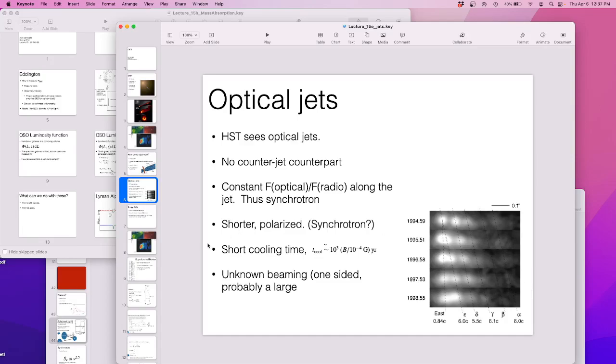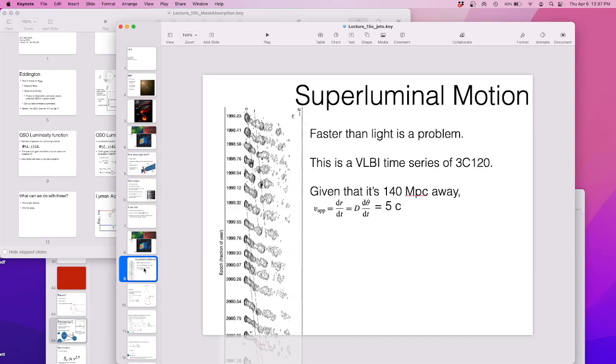And we can sort out how fast they're going by saying dR/dt. This was a big argument in the late 90s, early 2000s, because people saw these, and so this guy goes like, time goes this way, and here's the center.